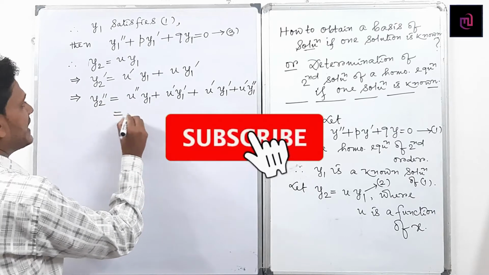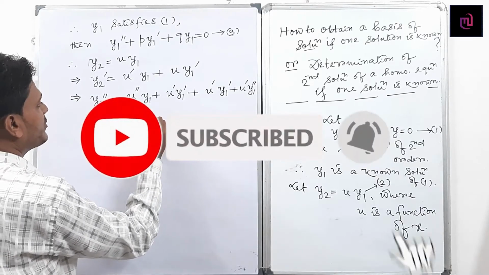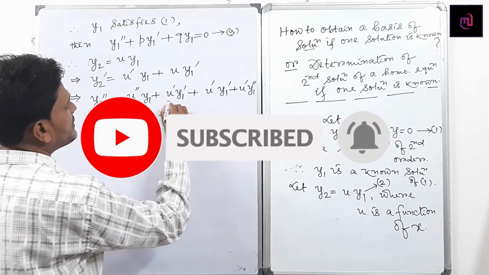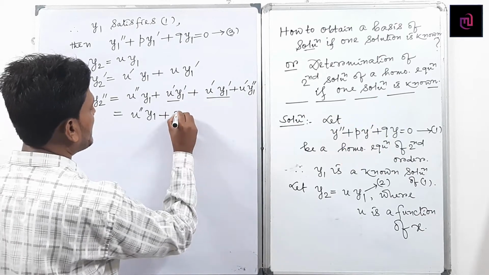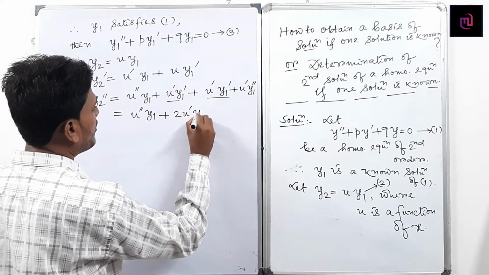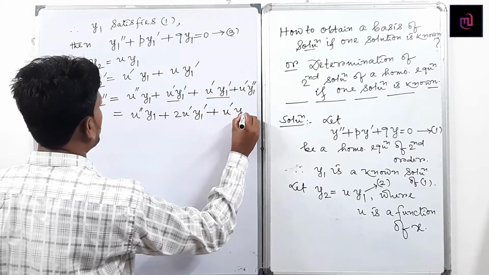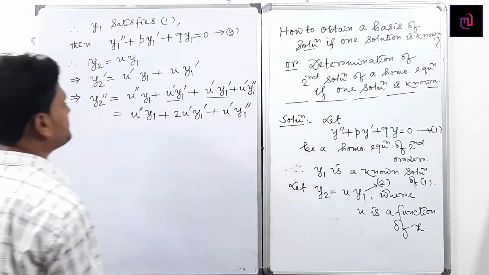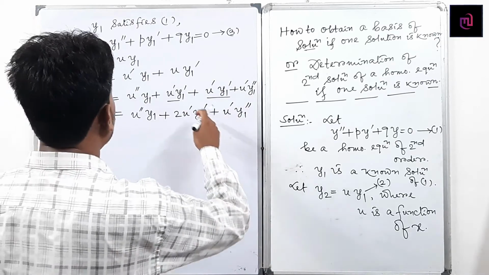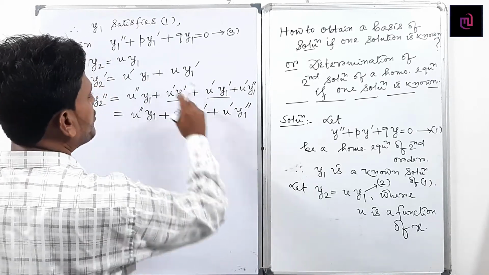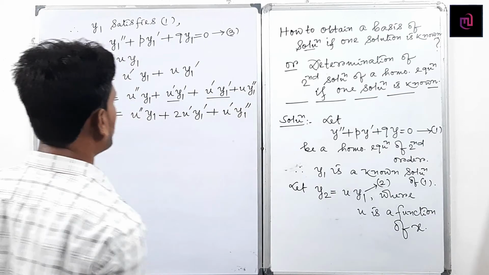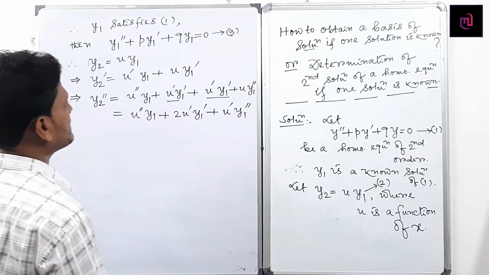Finally, u double dash into y1, plus, since these terms are the same, 2 into u dash into y1 dash, plus u into y1 double dash.